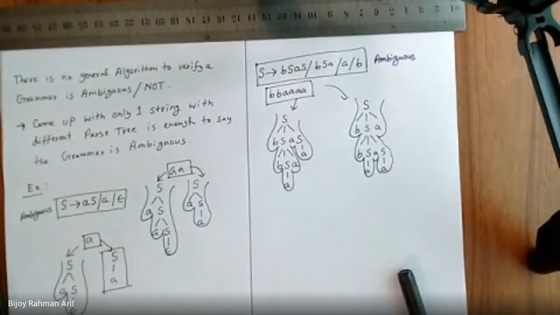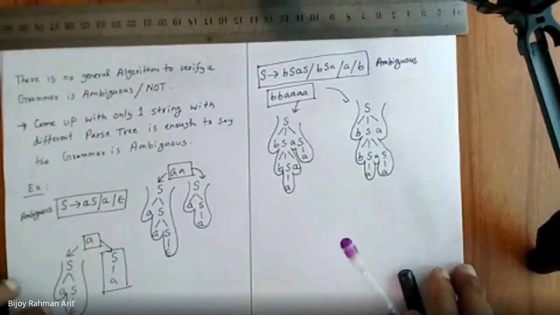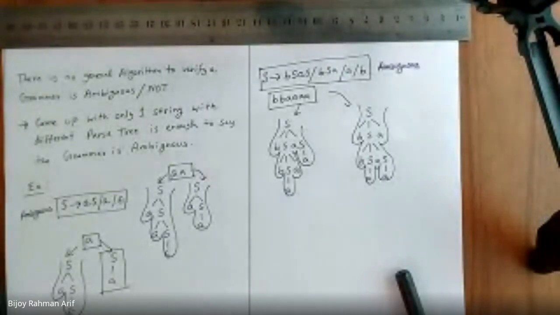If that does not succeed, then you have to go to the next string. It might happen that for a string you do not get two different parse trees, but then you have to take another string. This way you continue until you get ambiguity for the same string, two different parse trees. Is it clear to you? But there is no general algorithm or procedure to come up with this answer.